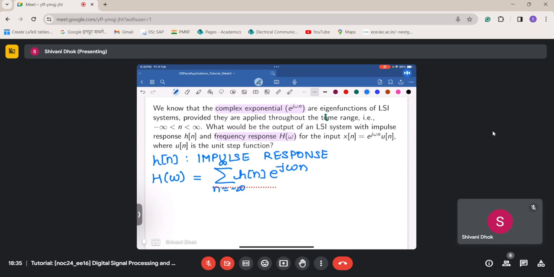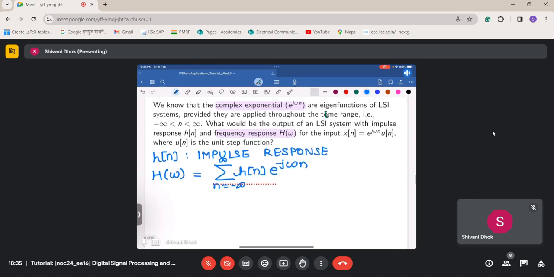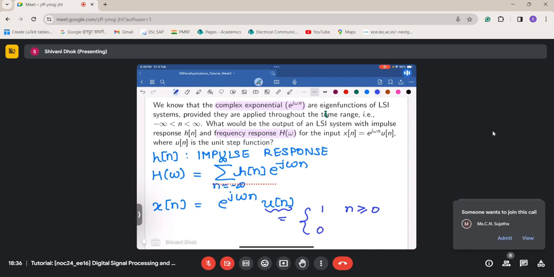Okay, so these two things are given to us. Now another thing that we are given is that my input x of n is equal to e power j omega n u of n. So what does this mean? This u of n is basically equal to 1 for n greater than or equal to 0, and it is 0 otherwise.